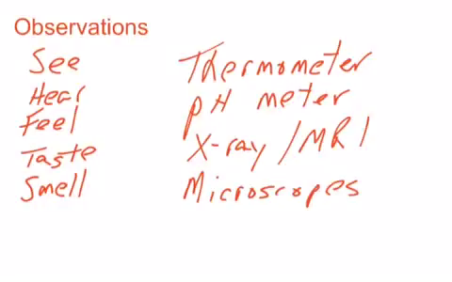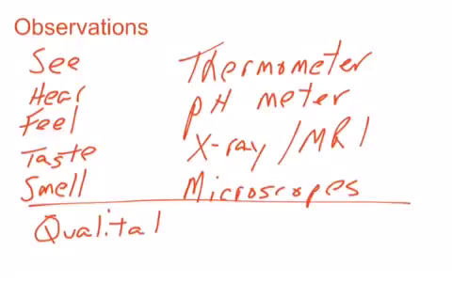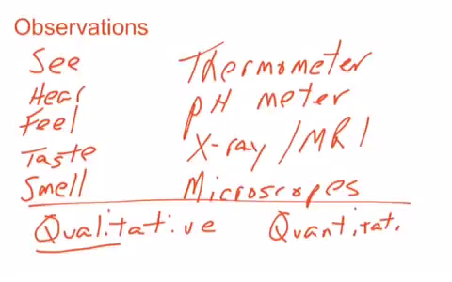I'll write that down and spell it out for you. Because we're talking about some of the qualities of it. Other kinds of data and observations give numerical information, and that would be quantitative. It talks about a quantity, some kind of numerical value.